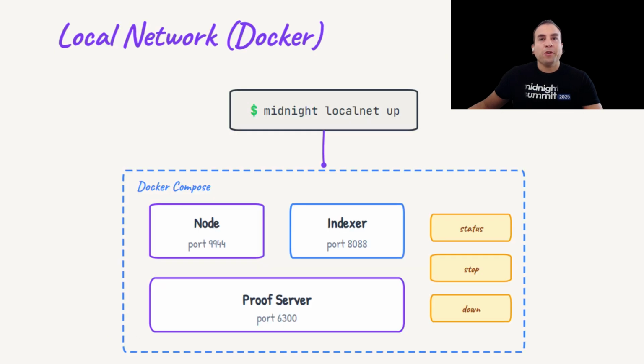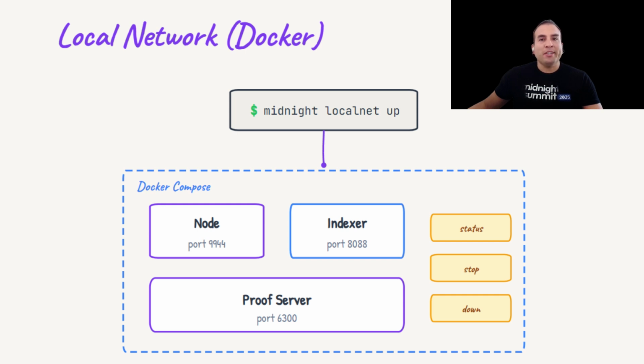The local network is one of the killer features of this tool. One command, midnight localnet up, and you have a full Midnight blockchain running on your machine. It starts three containers: the node on port 9944, the indexer on 8088, and the proof server on 6300. These take a minute or two to come up and sync with each other.